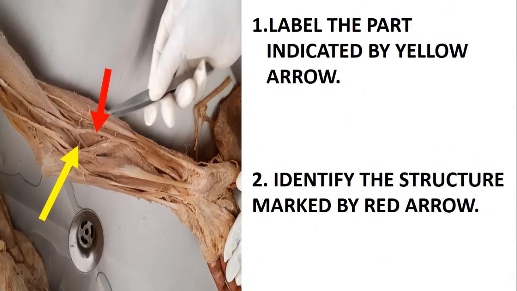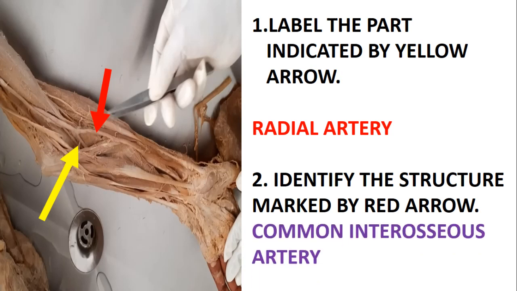Label the part indicated by the yellow arrow. Remember, the brachial artery divides into the radial artery and also the ulnar artery. The ulnar artery normally gives a branch, and this branch is the common interosseous artery.